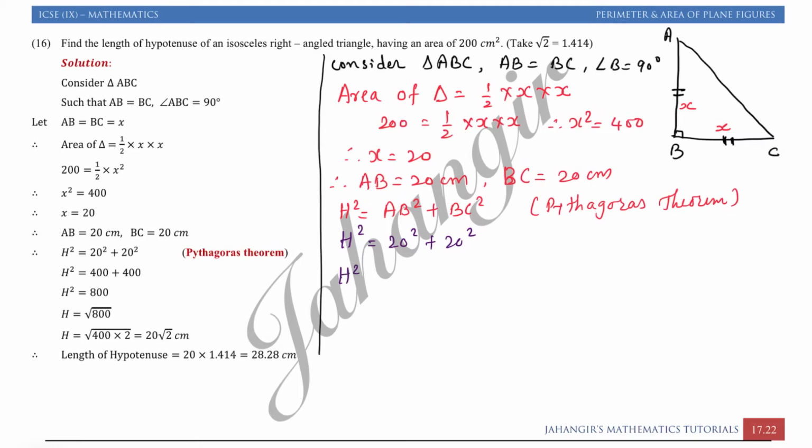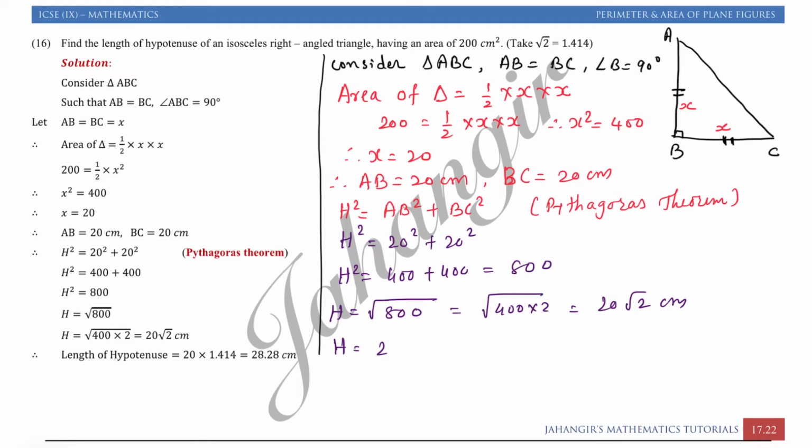So h square is equal to 400 plus 400, which is equal to 800. So h is equal to root of 800, which can be written as 400 into 2, that is 20 root 2 centimeter. As the root 2 value is given, 20 into 1.414, so that is 28.28 centimeter.